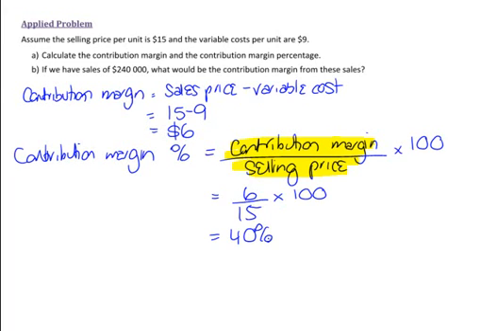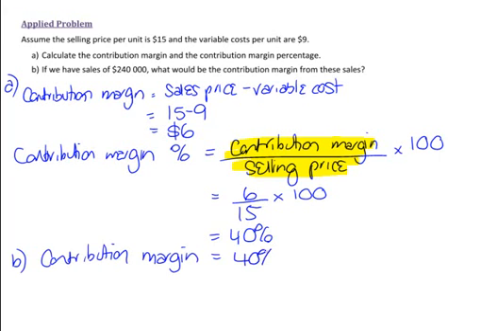Now that's part A. Part B says, if we have sales of 240,000, what would be the contribution margin from these sales? Now the contribution margin would be that percentage of the selling price. So your contribution margin is going to be 40% of the sales, which is 240,000.